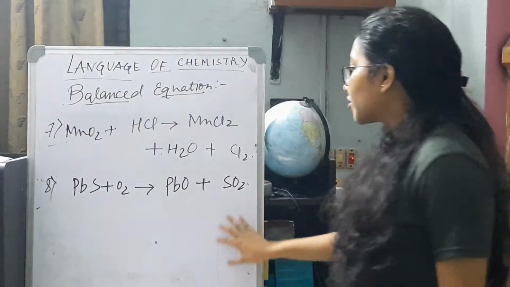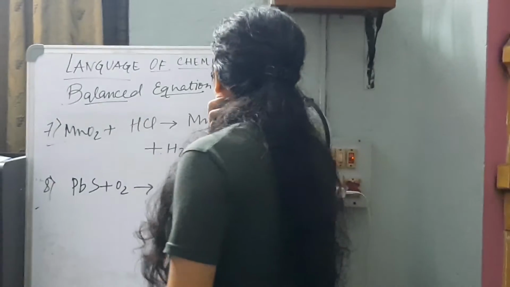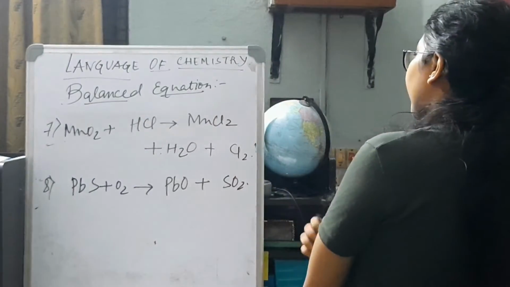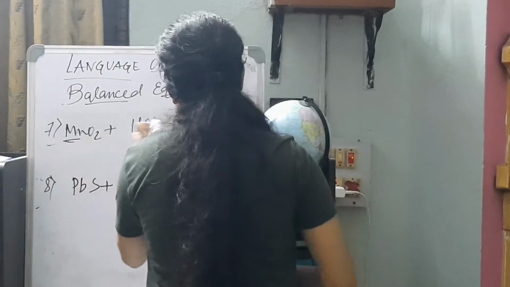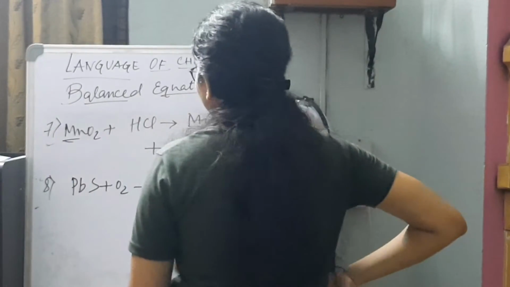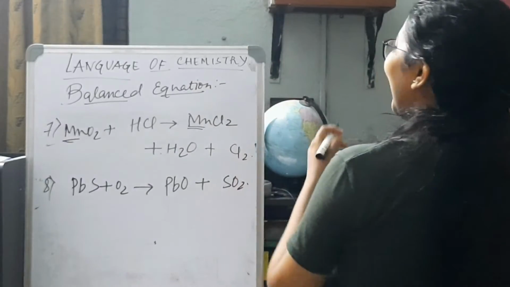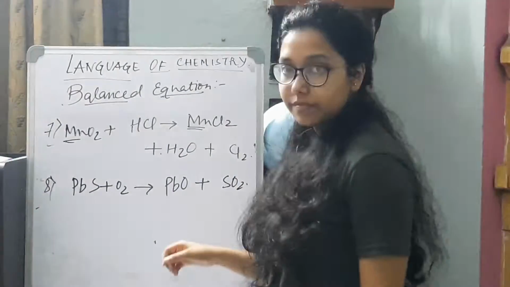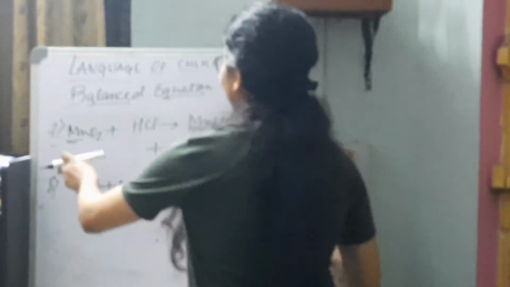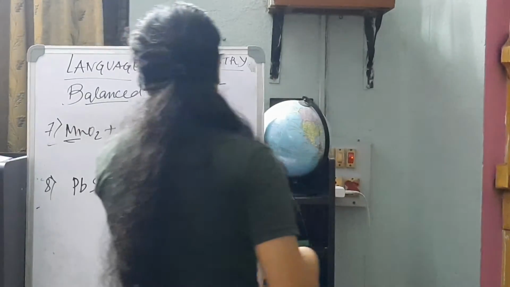So the next 2 questions are here. For the 7th one, I am starting with question number 7. As you can see, starting with manganese, both are equal on both sides.